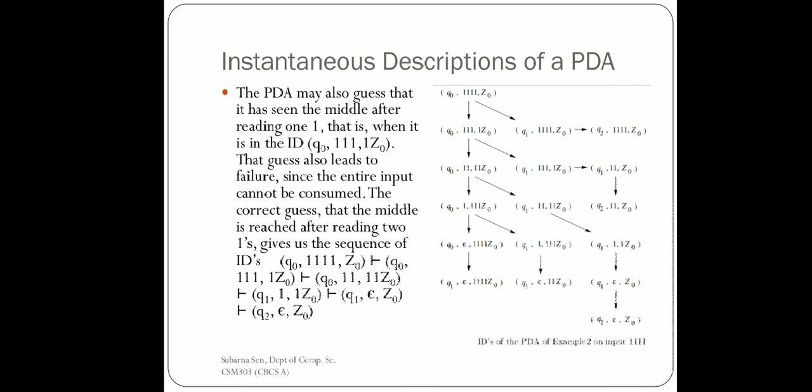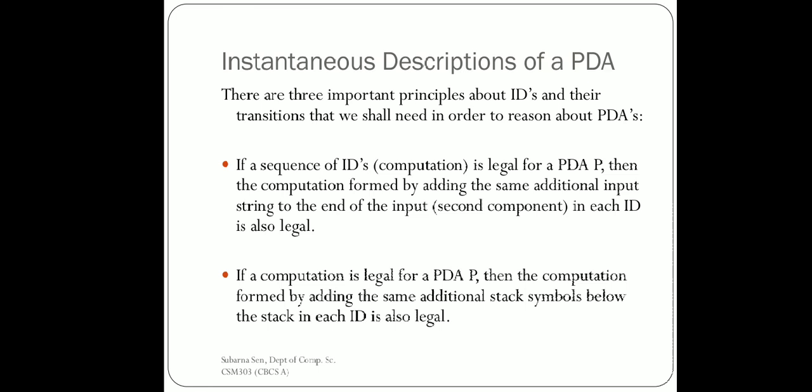So in this fashion, if you see, this branching is possible, and whatever branching I have written in the last 2 or 3 lines, that is the ultimate correct design of the PDA. So following this guess and check paradigm, we can design the PDA. Okay, now these 3 principles you have to keep in mind.